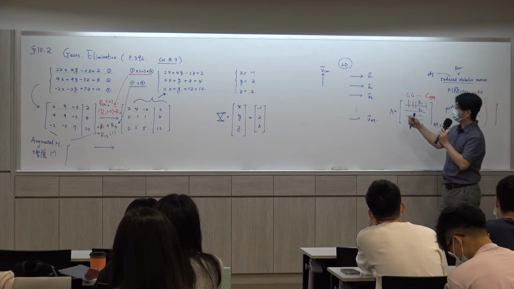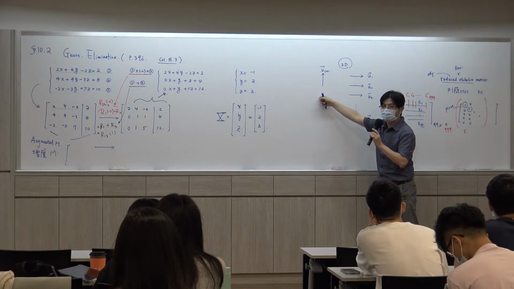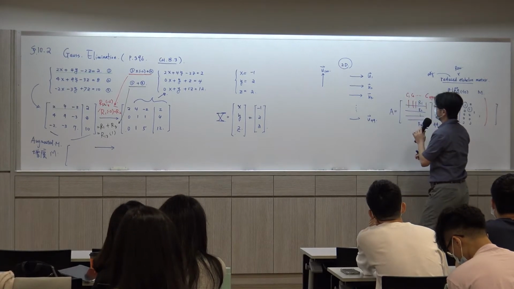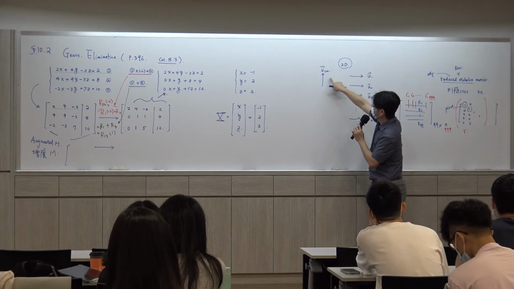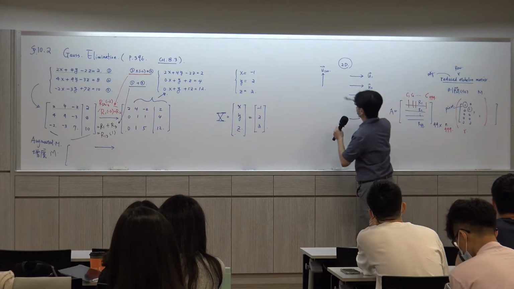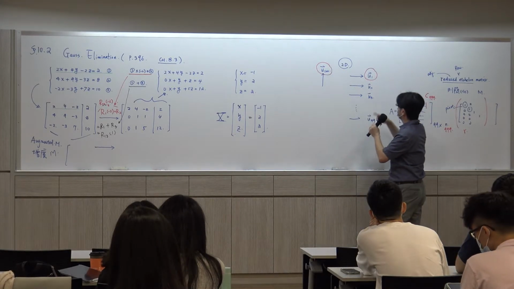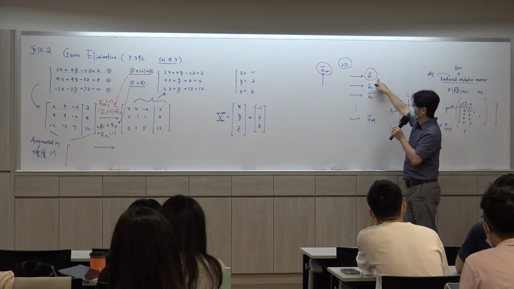So we just need to find the linear independent vectors. So, for example, we have 100 vectors, but only 2 vectors are linear independent.